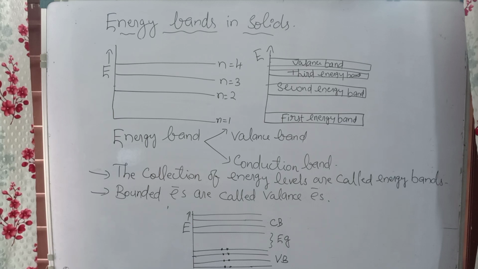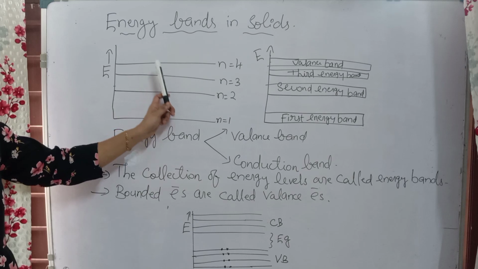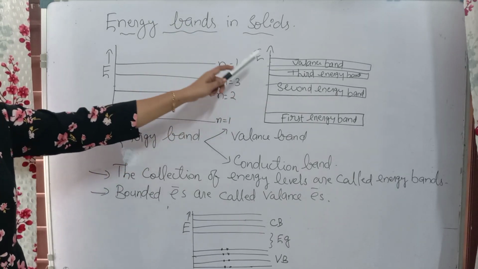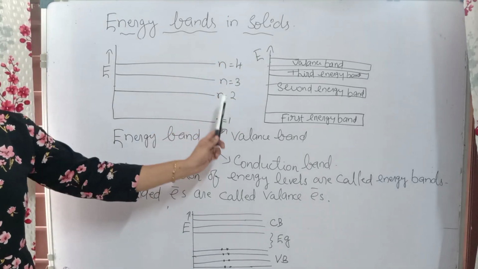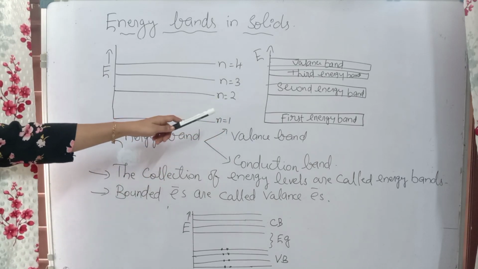So each discrete energy level will split into a number of energy levels. Here we can see the case of an isolated atom, and if you consider this as a material or a crystal, the energy level will be like this. That means each level will be split into a number of energy levels.